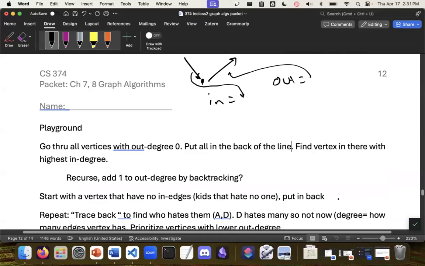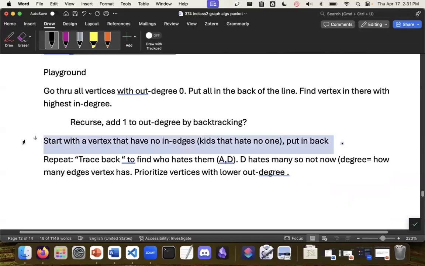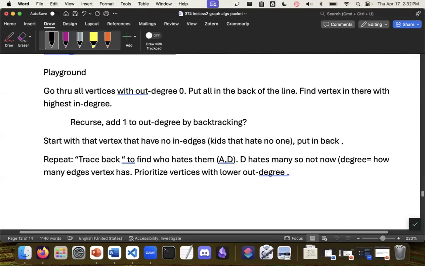So go through all the vertices without degree 0, put them all in the back of the line, find the vertex in there with the highest degree, and then start with that vertex. Or we already kind of did that. And then trace back. Any issues that you could see? Not really that I know of either.